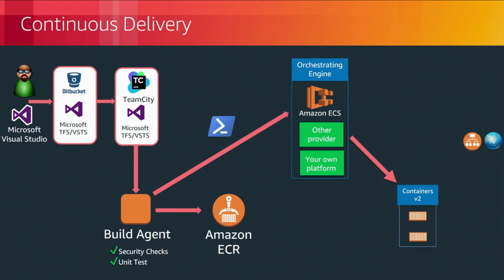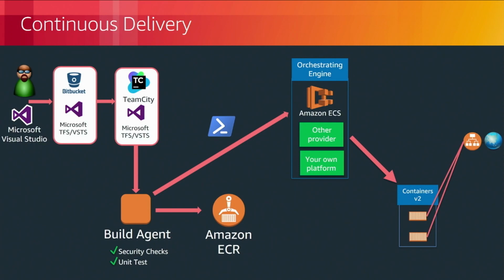Once the health check passes, it's going to direct the traffic to the new set of containers. That's how the continuous delivery pipeline works. It doesn't matter what kind of operating system or what kind of build system you use. As long as you have PowerShell, command line, or .NET Framework support, you can easily integrate with existing systems. So let's go for a demo and see how this is done.